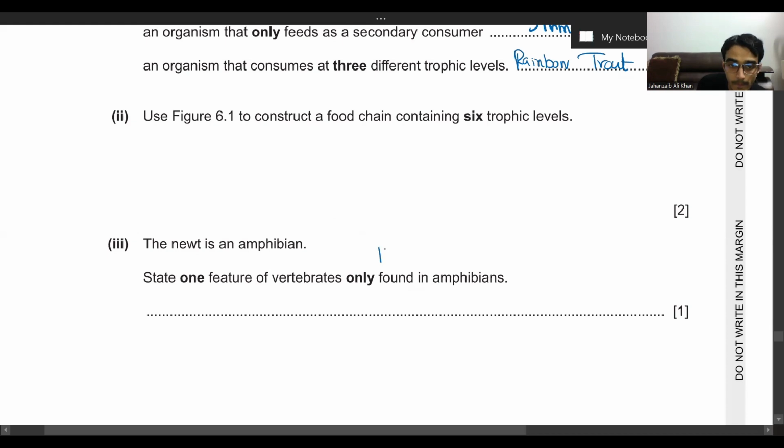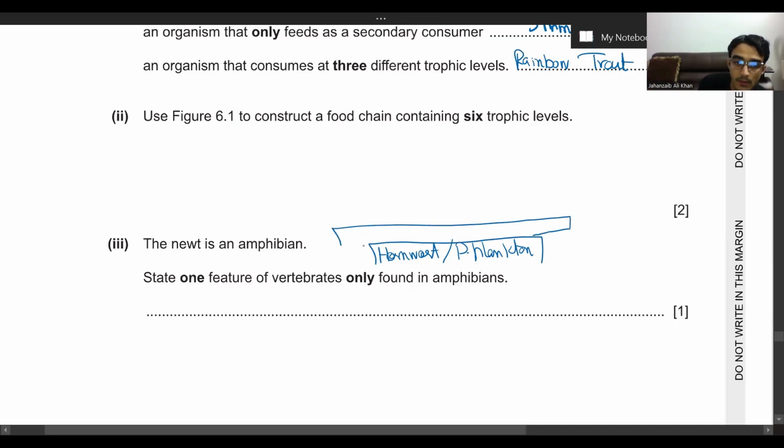One, let's see, phytoplankton. They're going to be fed on by the amphipods and the daphnia. These are going to be fed on by the shrimp.